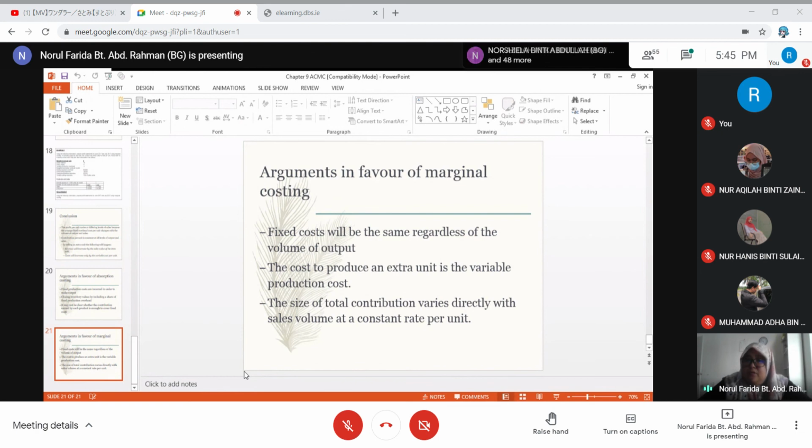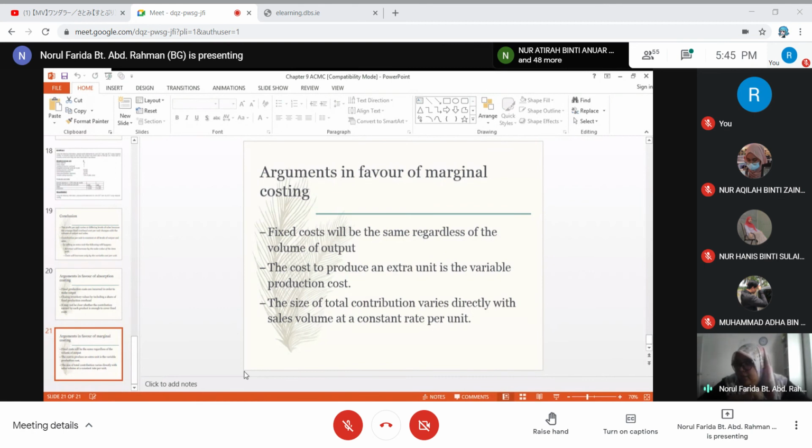Okay, sebab fixed cost tu tak terkira pun, sebab dia constant. So kalau produce one unit of product, variable cost dia adalah 25. Kalau kita produce lagi satu unit pun kita akan incur extra lagi 25. Fixed cost tu akan tetap kat situ. So kenapa kita nak kira pakai fixed cost? Sedangkan yang attributable directly to the product adalah variable cost.